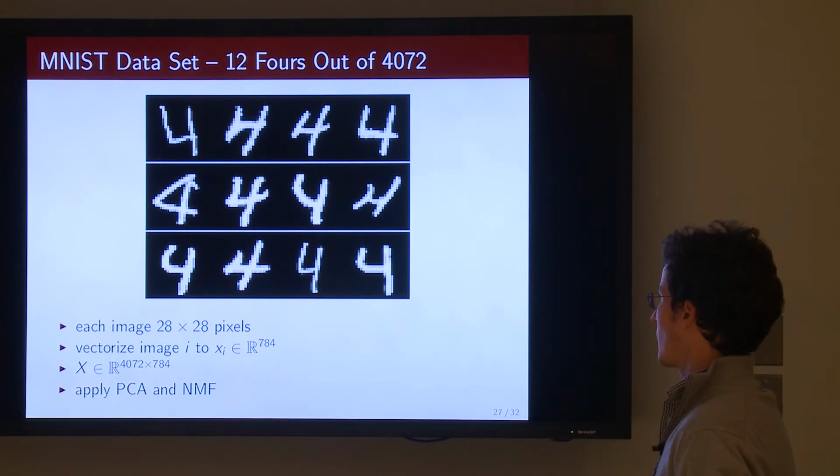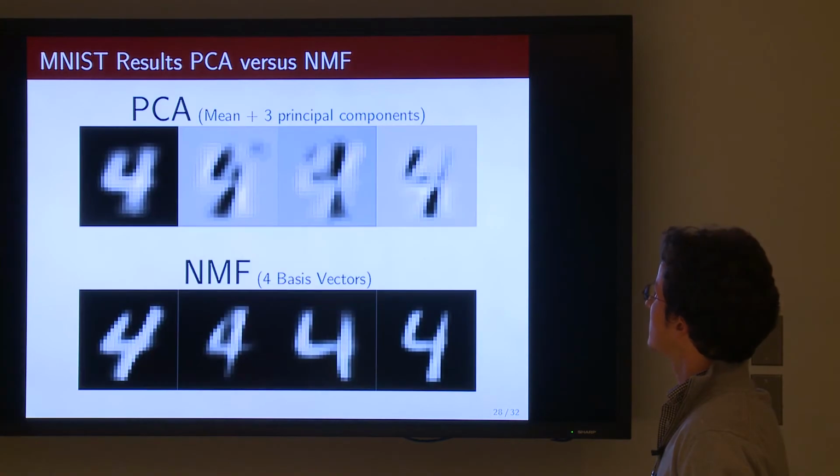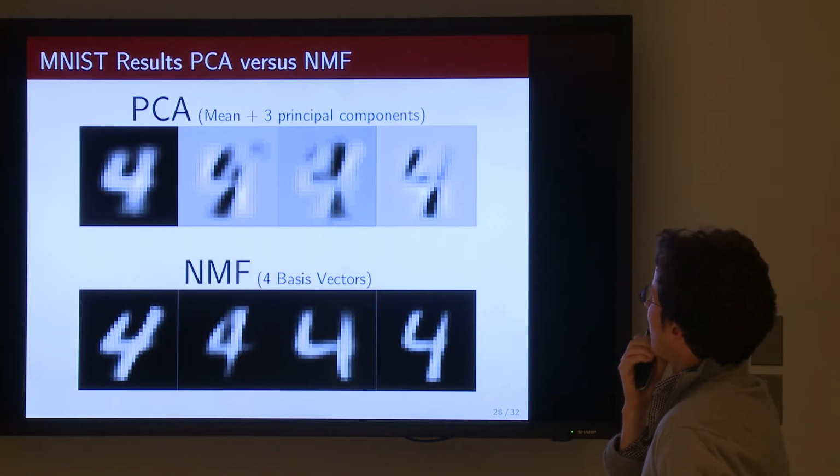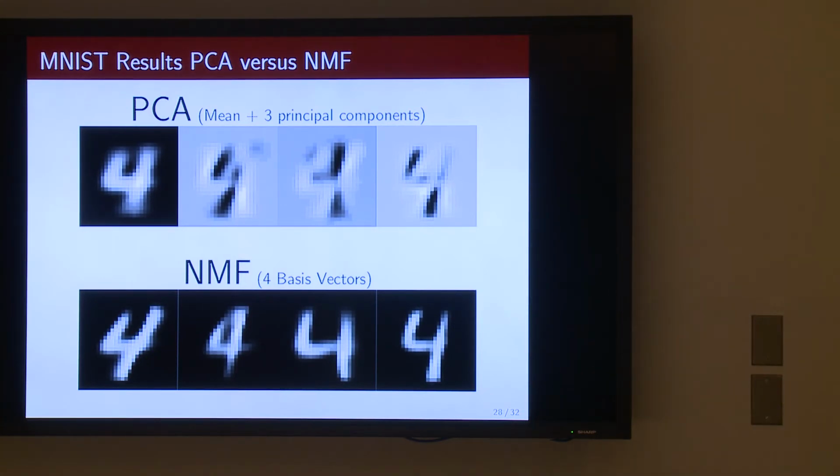So I vectorized each of these images and then applied PCA and non-negative matrix factorization. On the slide are the results for the PCA after removing the mean and then plotting the mean and the first three principal components, and then the four basis vectors for non-negative matrix factorization.